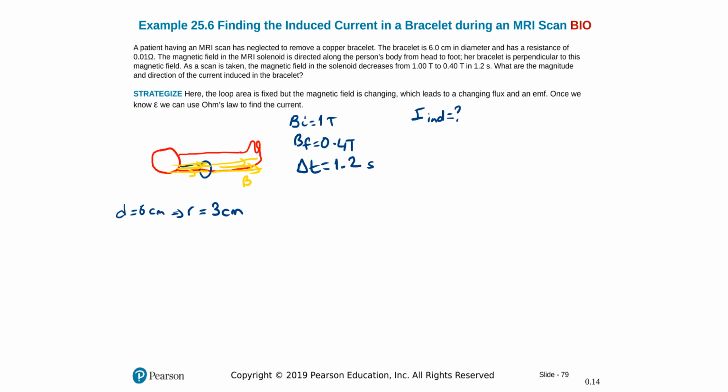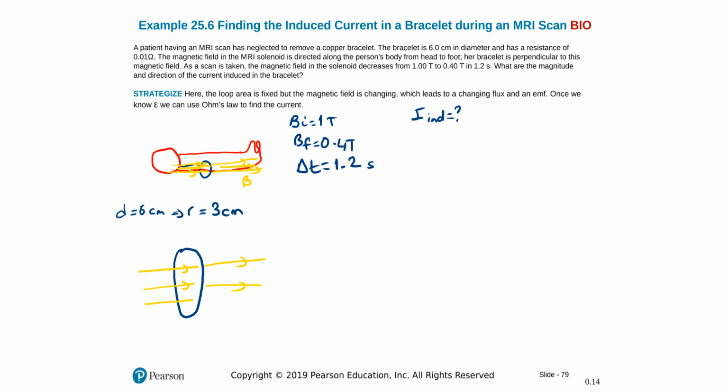I'm going to try to draw this loop, this bracelet, here larger. Oh, that's a terrible drawing. Okay, try again. Alright, this one is better. Magnetic field lines are passing through it. Let's show several magnetic field lines piercing through it.